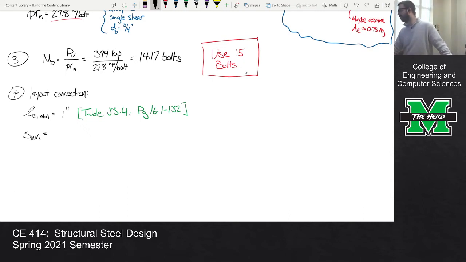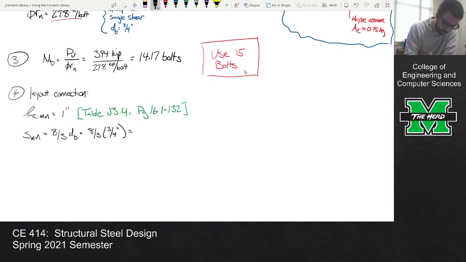What's the formula? Well, the other way around. Yeah, 8/3 times 3/4, so the 3's cancel, and that's going to be 2 inches. So an edge distance of 1 and a bolt spacing of 2.